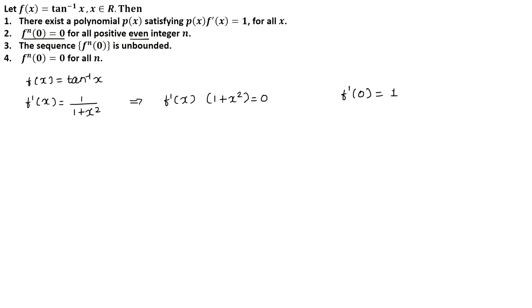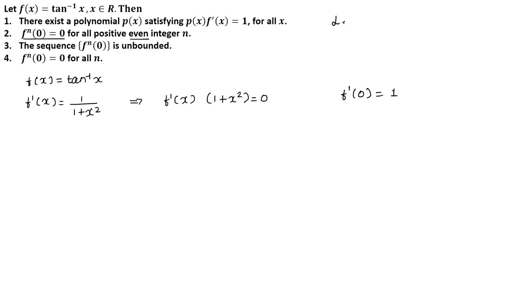Now we have to find what happens to the nth derivative of tan inverse x. That is quite a difficult process if we keep on finding the derivative of f(x) again and again. We can go for the Leibniz rule instead, by which we can easily find the nth derivative.